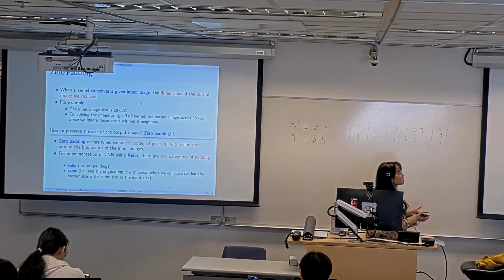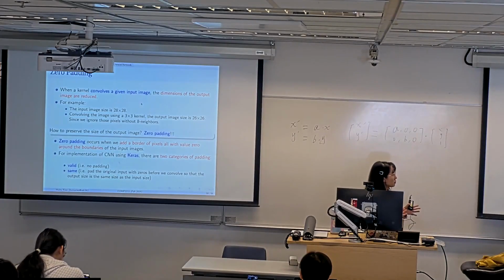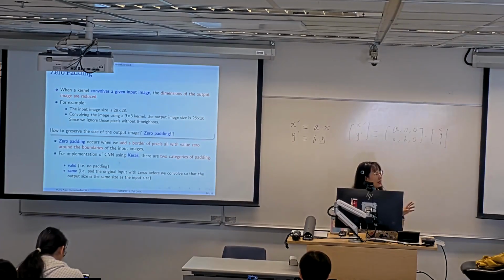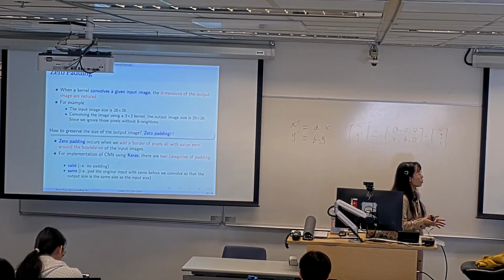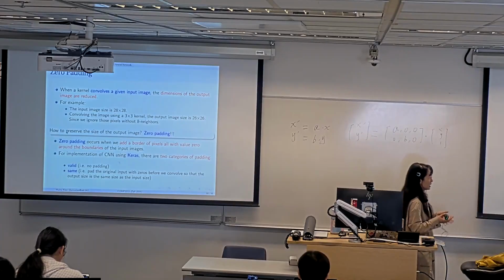When a kernel convolves a given input image, the dimensions of the output image are reduced if we do not apply padding, because we just ignore some pixels at the borders. Now, how to preserve the size of the output image? We do padding, and here we consider 0 padding. The 0 padding occurs when we add a border of pixels all with value 0 around the boundaries of the input image.